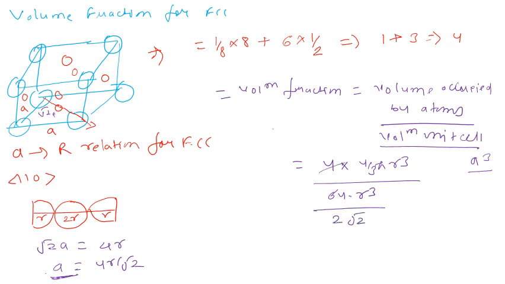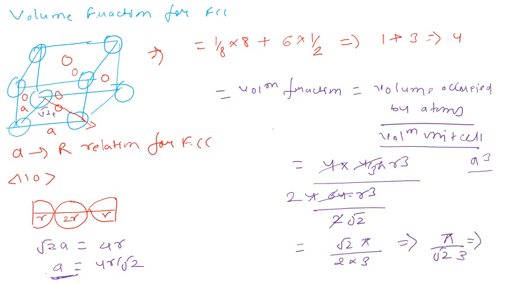Now I will simplify this expression. 16 and 16 divided by 64 will be 4, and again this is 2. So this will further simplify into root 2. Let us write it again here: pi under root 2 into 3.